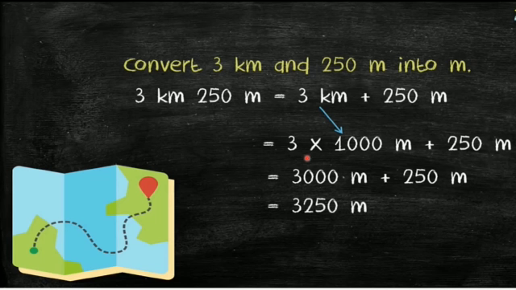So 3 we are going to multiply by 1000. 3 multiplied by 1000 meter plus 250 meter, as it is given in the sum. So 3000 meter plus 250 meter is equal to 3250 meter.